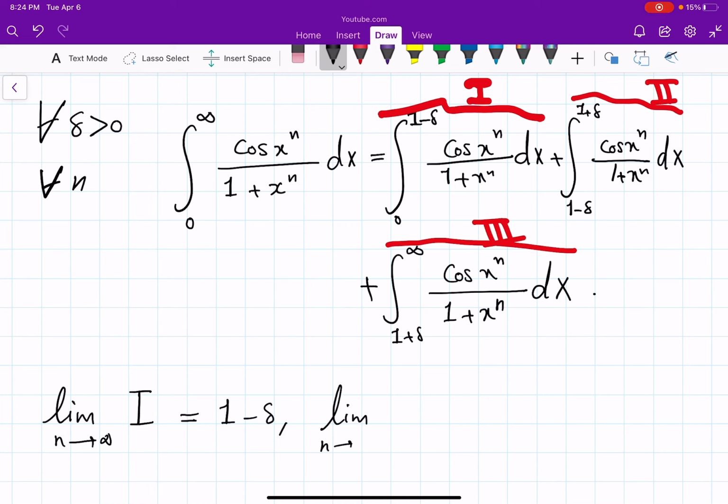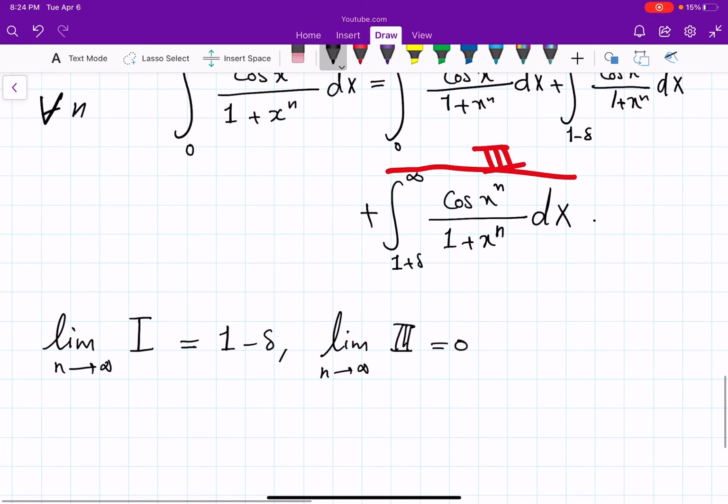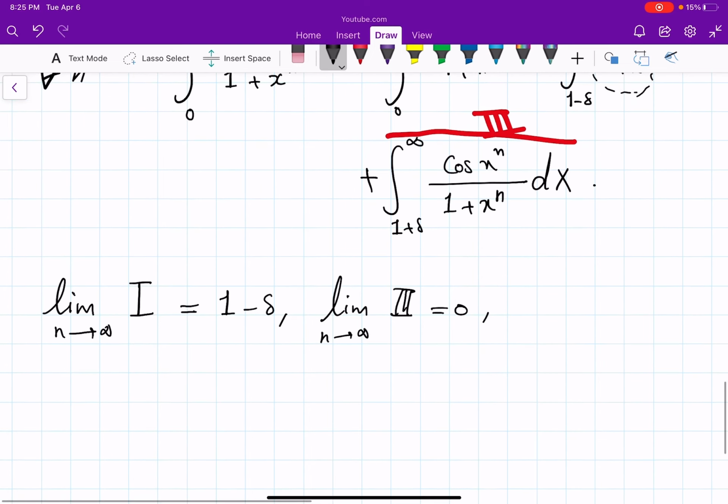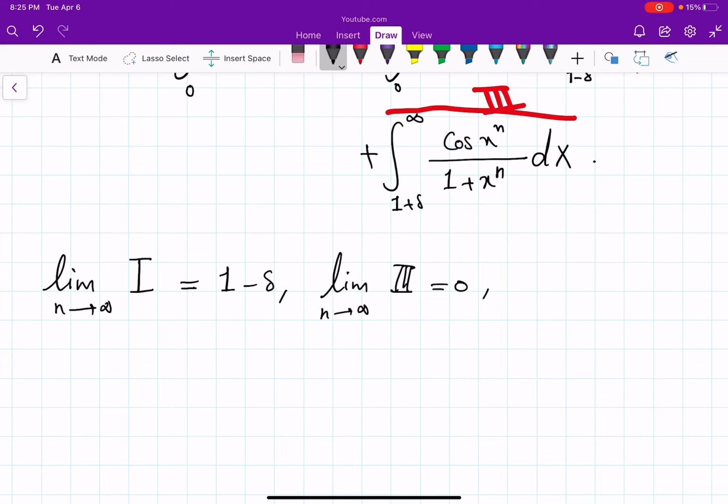We showed that the limit as n goes to infinity of the third quantity is 0. On the other hand, we see that the second one is bounded by the length of the interval on which we integrate, which is 2 delta. Remember that this integrand is bounded by 1, so the integral will be bounded by 1 times the length of the interval, which is 2 delta. So the quantity in 2 is always bounded by 2 delta.